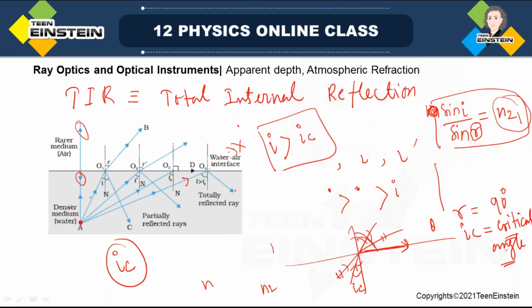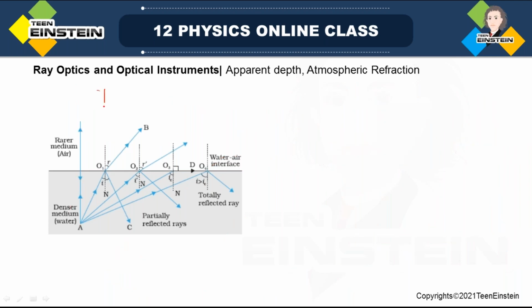The ray will be totally reflected back to the same medium. This is called total internal reflection, in short written as TIR. So this is the totally internally reflected light.